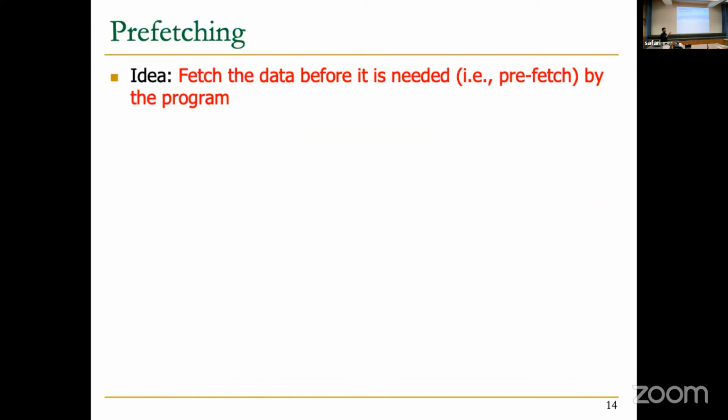So what is the idea of prefetching? The key idea, as the name suggests, is that you fetch the data before it's actually needed. For example, let's say you are listening to Spotify music. You're listening to one song, but before the song finishes, Spotify fetches the next song that you might listen to.